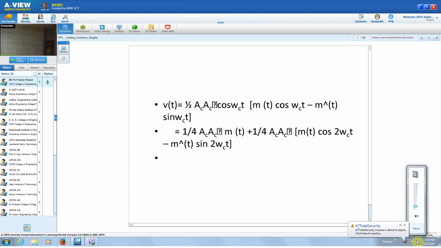So V of t is AC. Here, your S of t is m of t cos omega ct minus m hat of t sin omega ct.